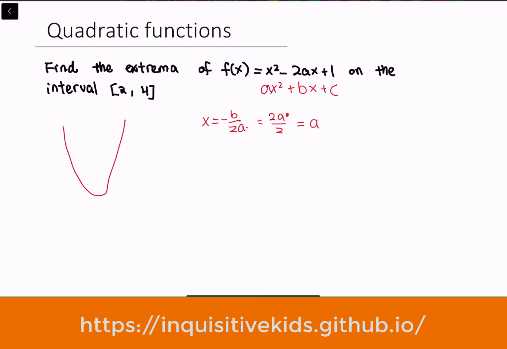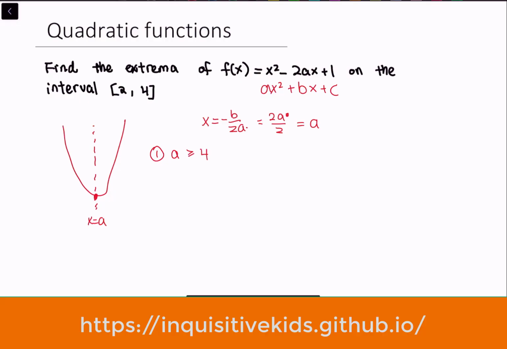This means that when x is equal to a, we are at the vertex of the f of x. It also means that the parabola is symmetrical about the line x is equal to a. Now, in order to answer the question, we have to split into multiple cases. The first case is if a is greater than or equal to 4.